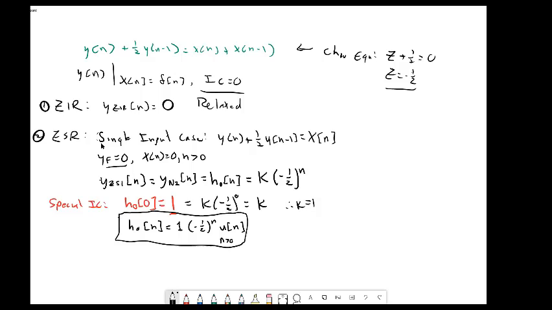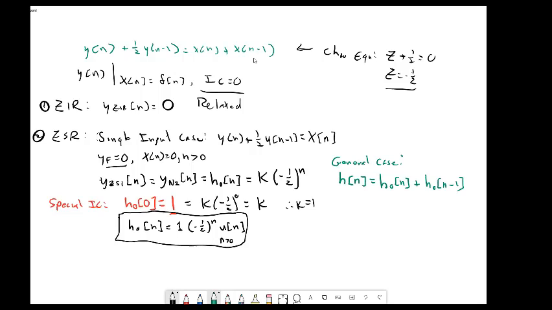Now we're not done. That's the unit sample response for our single input case. We want the unit sample response for the general case equation. So let's go back up here and observe what goes on this side. We have x of n on this side, which is going to give us this h0 of n. So the unit sample response for the general case is going to have an h0 of n coming from this x of n term, and this x of n minus 1 term is going to give us an h0 of n minus 1.